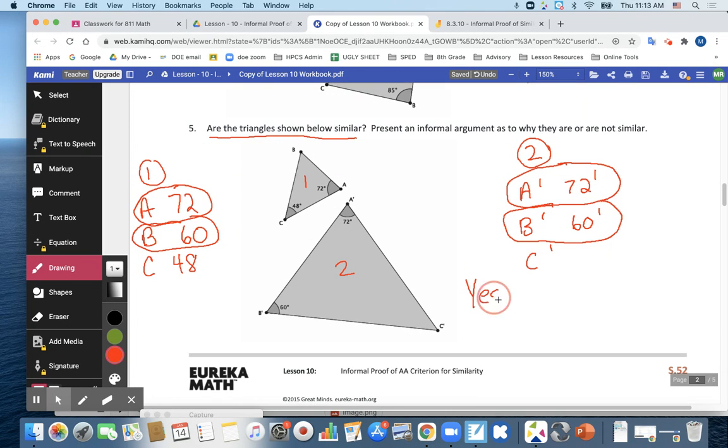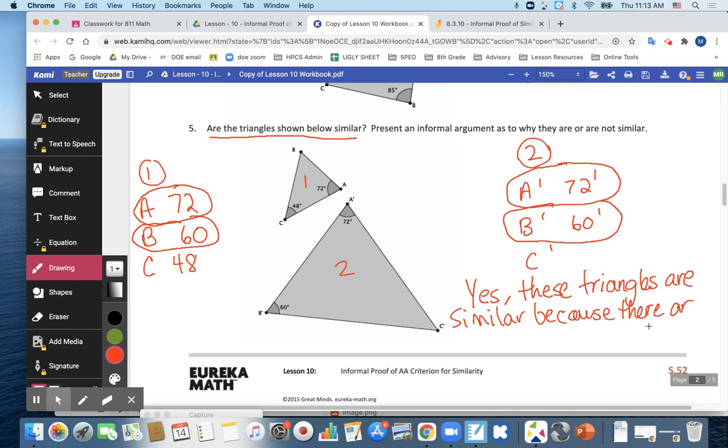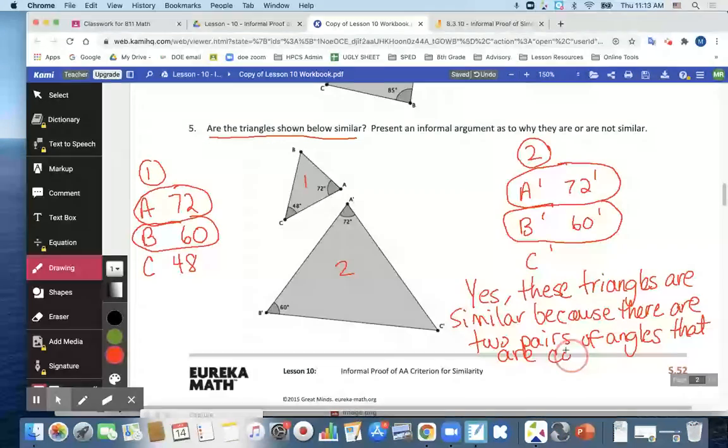So yes, these triangles are similar because there are two pairs of angles that are congruent.